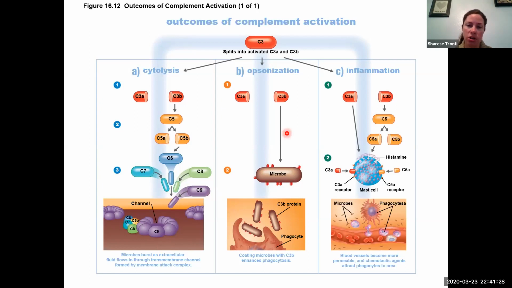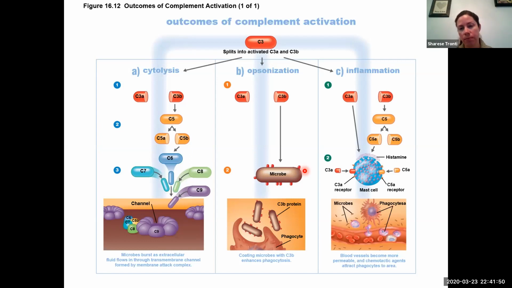Then in opsonization, we have C3b here again. C3b is going to bind to the outside of the microbe and coat it. So then when a phagocyte comes along, it will recognize this protein on the outside of the microbe, and it will go ahead and phagocytose this microbe.